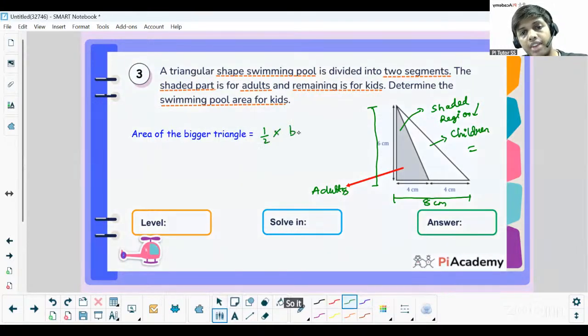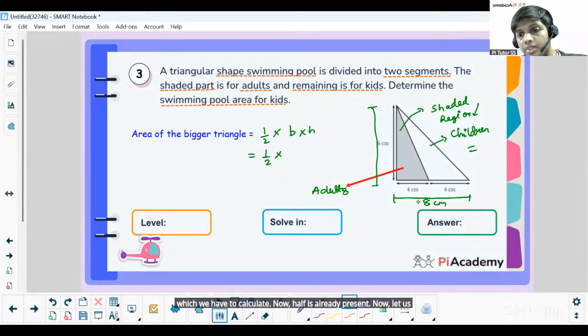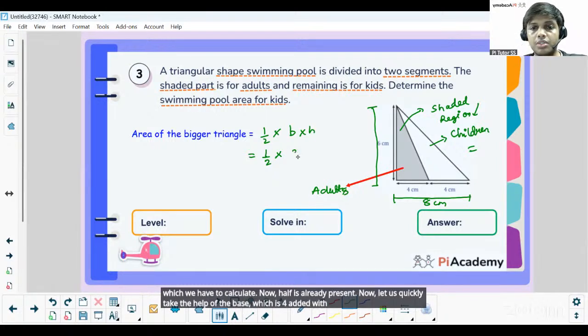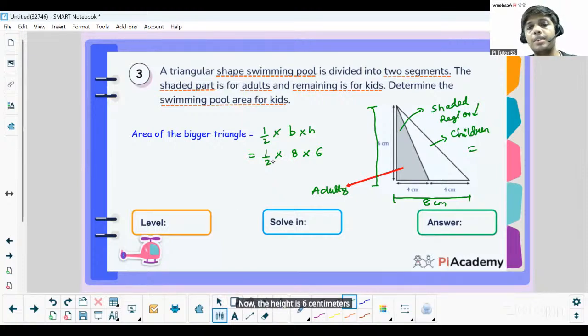Half is already present. Now the base is 4 added with 4, which is equal to 8. The height is 6 centimeters. So this becomes 4 times 6, which is equal to 24 centimeters square as the area of the bigger triangle.